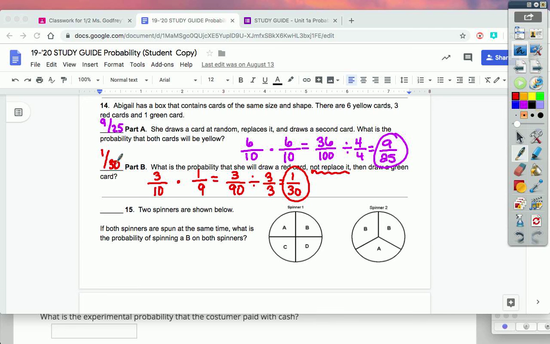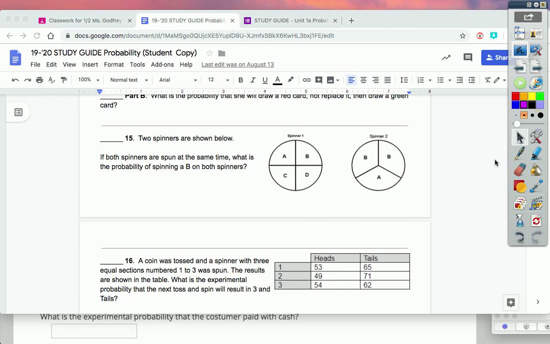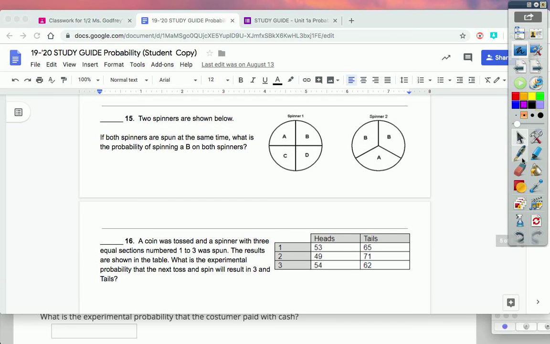Okay. On to number 15. Number 15, we have 2 spinners, which are shown here. If both spinners are spun at the same time, what is the probability of spinning a B on both spinners? Well, that's 2 different events, and we know if we have 2 different events, we need to multiply those.